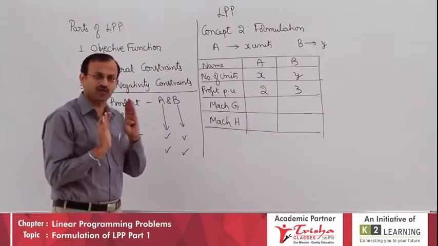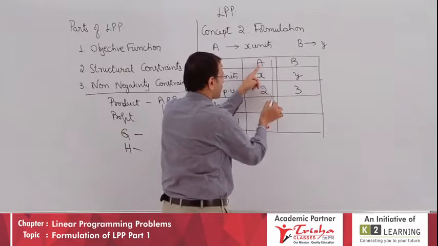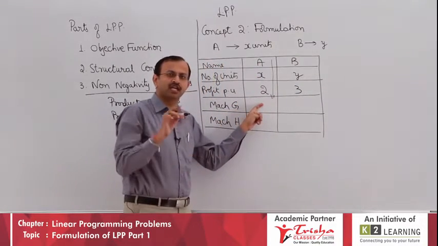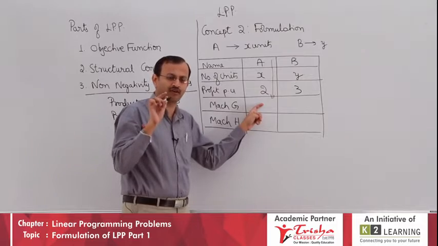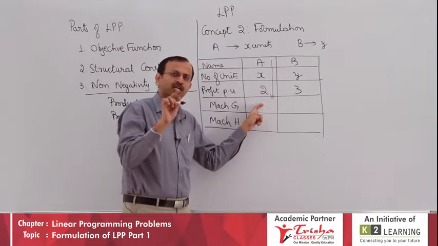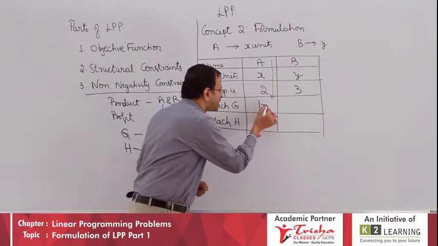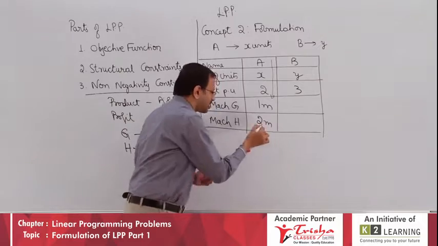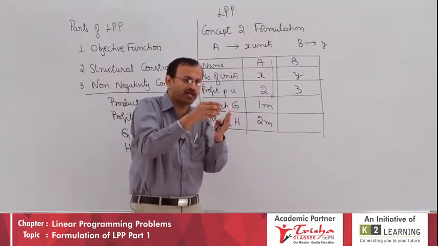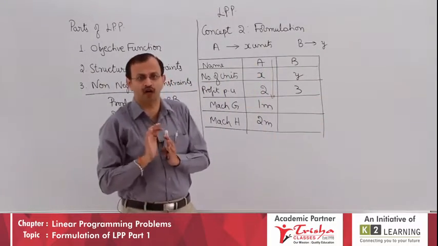This much is understood. Now our next step will be product A. Let us put a downward arrow mark. Product A requires how many minutes of machine G? Read the question: type A requires 1 minute processing time on G, 2 minutes on H. To make product A ready, it should pass through machine G, 1 minute, then go to machine H, 2 minutes, then product A will be the final output.